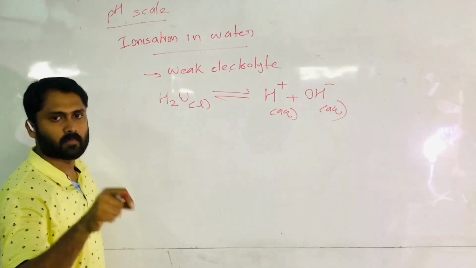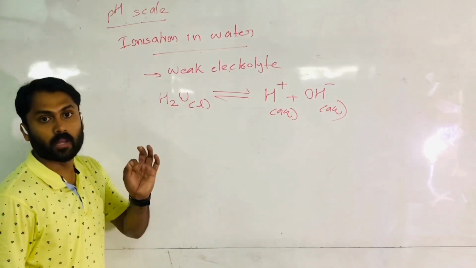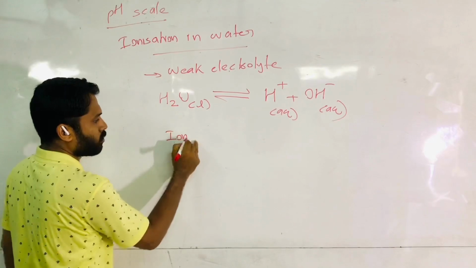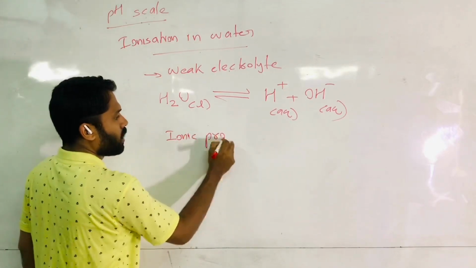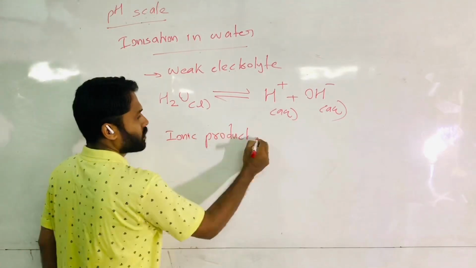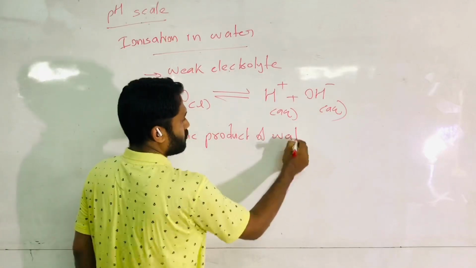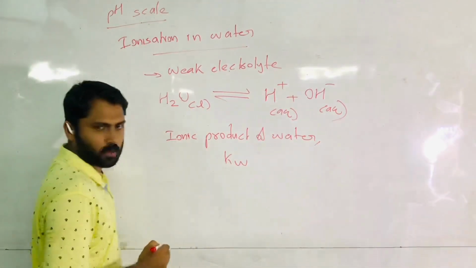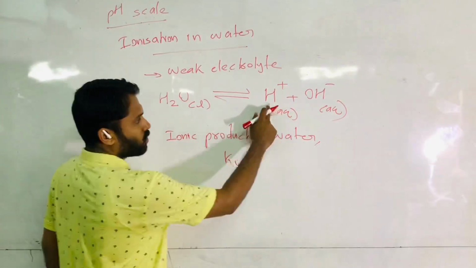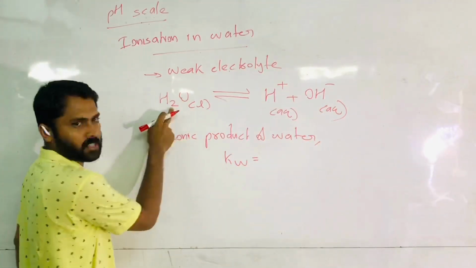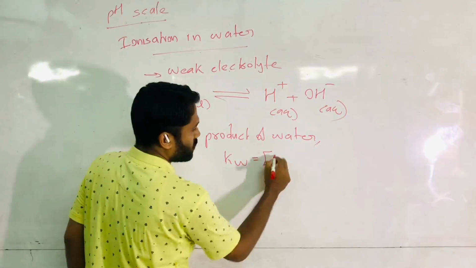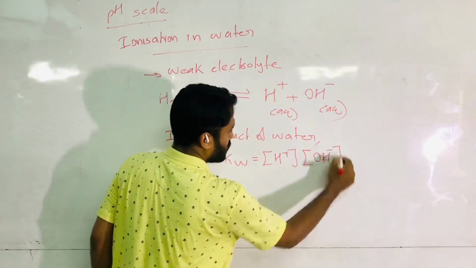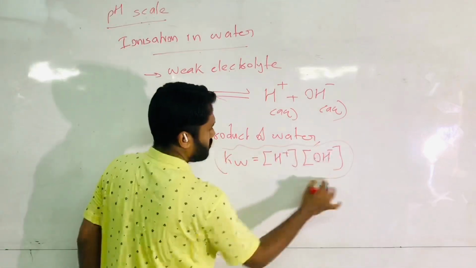In equilibrium, we know there will be an equilibrium constant. For water, the equilibrium constant is known as the ionic product of water. It is represented as Kw. What will be the concentration of product by concentration of reactant? Concentration of H plus into concentration of OH minus.